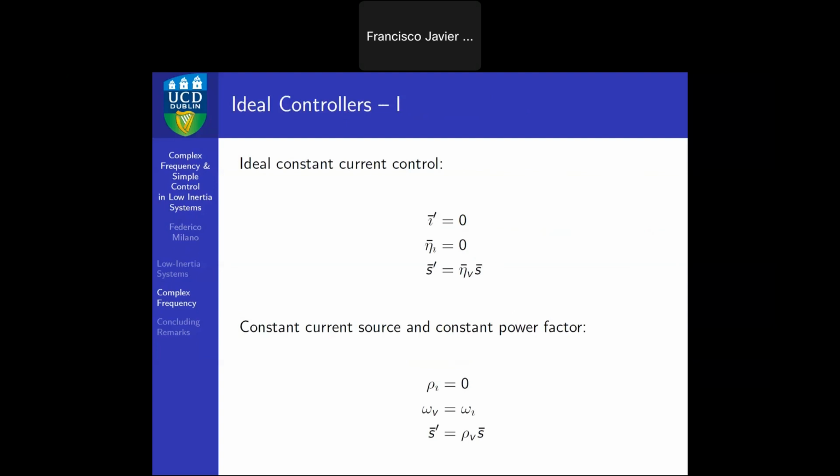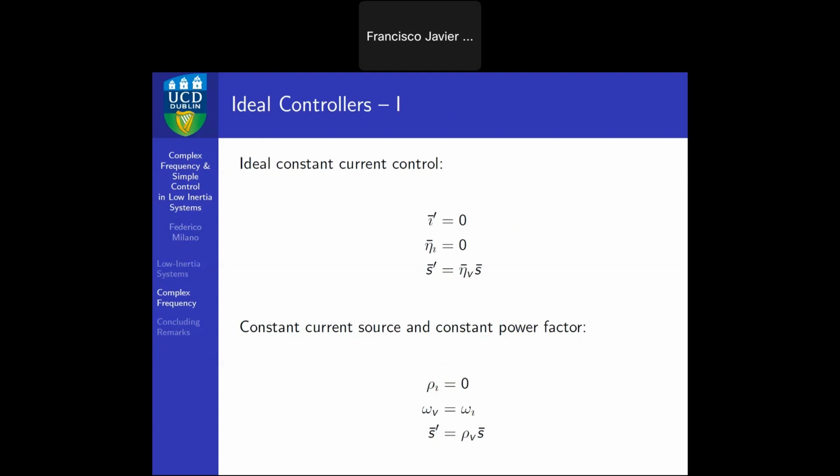So here I do some examples. For ideal constant current control, I have this. Here it is also evident that they cannot be equal, because this would not necessarily be 0, but this is equal to 0 all the time by default. If you have a constant current source and constant power factor, then you have this link.